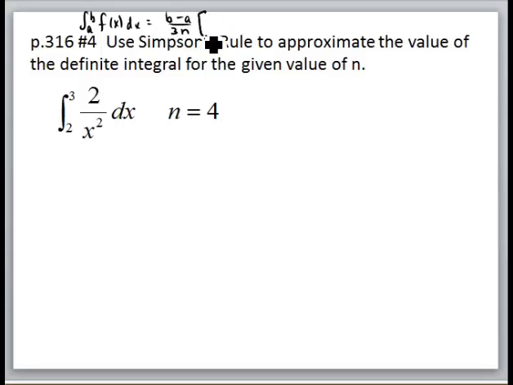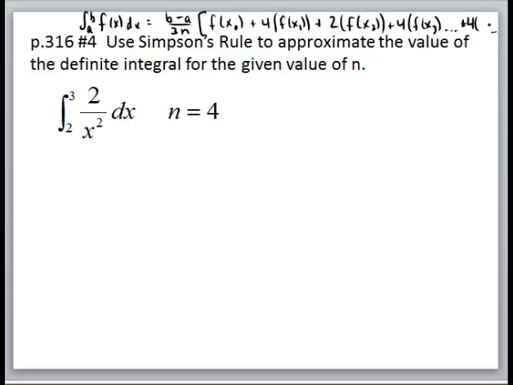And then you'd have f of x sub 0 plus 4 of f of x sub 1 plus 2 of f of x sub 2 plus 4 of f of x sub 3, and so on, 4 of f of x sub n minus 1, and then plus the last part, and I ran out of space, but we get the idea here.